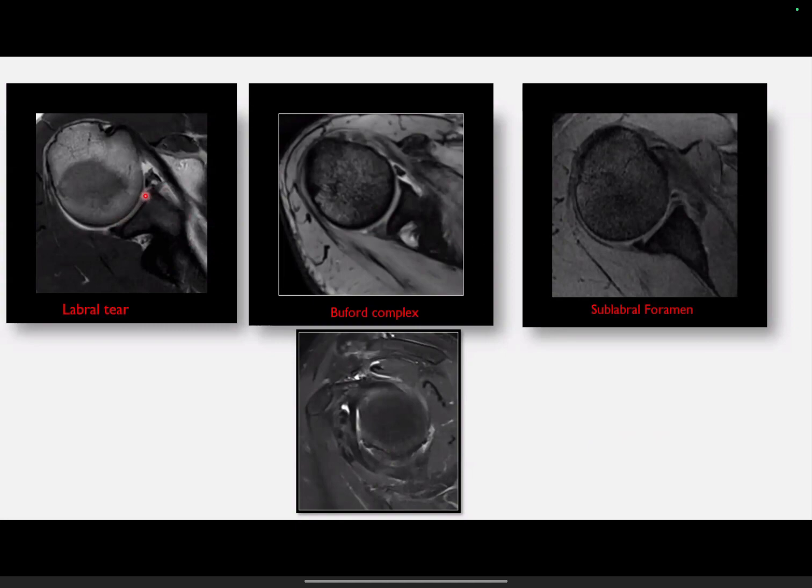If you see here, the anterior labrum margins are fuzzy, and in this labral tear the margins are also irregular, and there is joint fluid adjacent to it, and the capsule is also thickened. Second, if you see anteriorly there is no labrum, but the MGHL is significantly thickened, and it can mimic a labral tear.